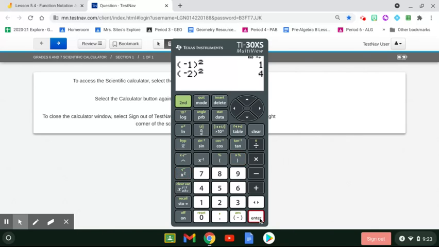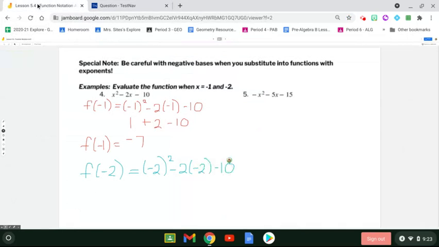When you evaluate the quantity of -2 to the second power, you get +4 on your calculator. -2 times -2 gives me +4 again, and then minus 10. So 4 and 4 give you 8, and 8 minus 10 gives you -2. So f of -2 equals -2.